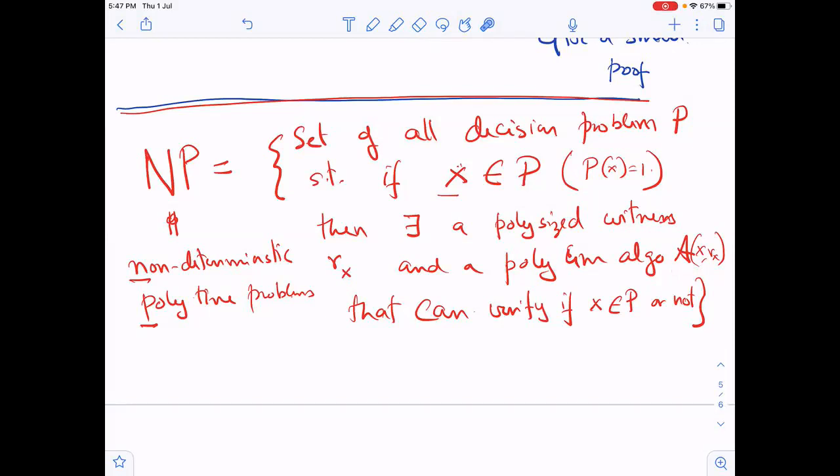I did not understand why R of X is a non-deterministic guess. R of X, somebody gives you, God gives you, Birbal gives you, right? So he's an oracle. And the other way of doing it is I will guess it. So think of the non-deterministic automata.